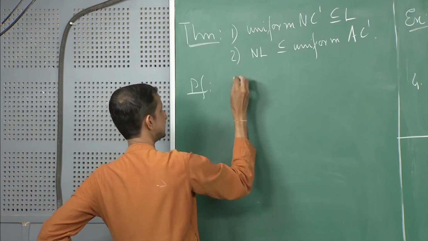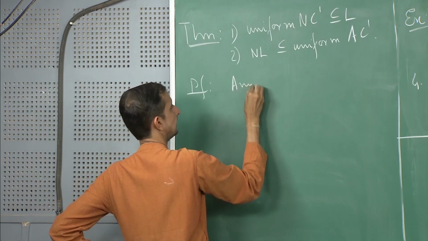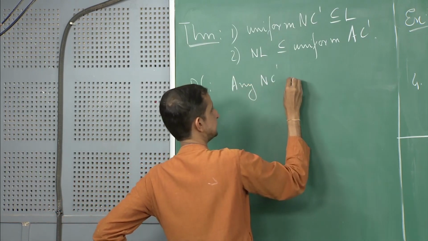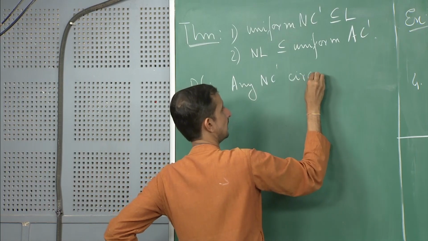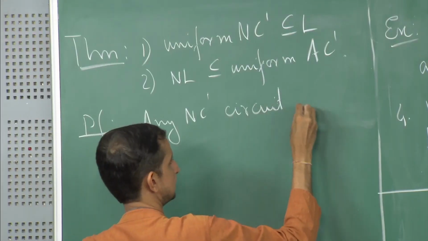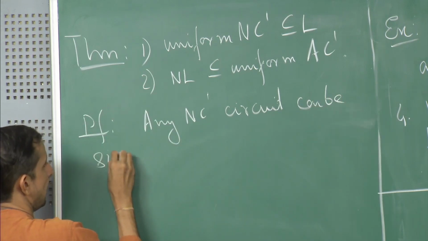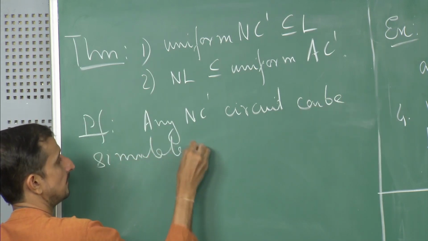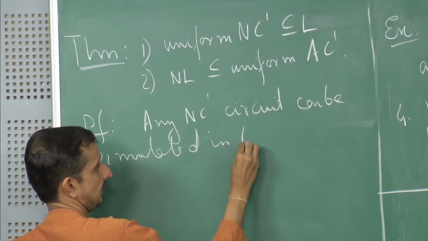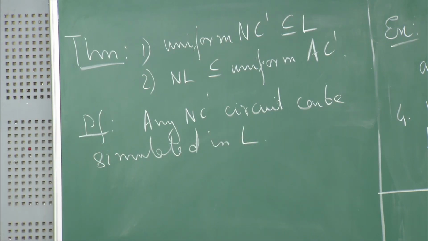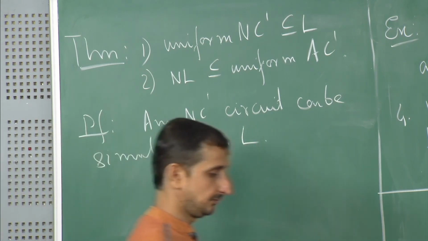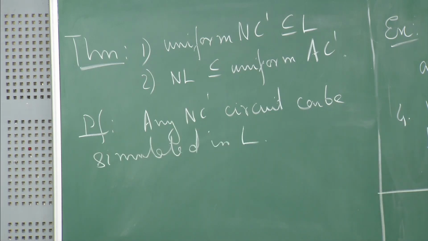So, what we will show is that any NC1 circuit can be simulated in L. Okay. So, what is the idea? How would you go about doing this?